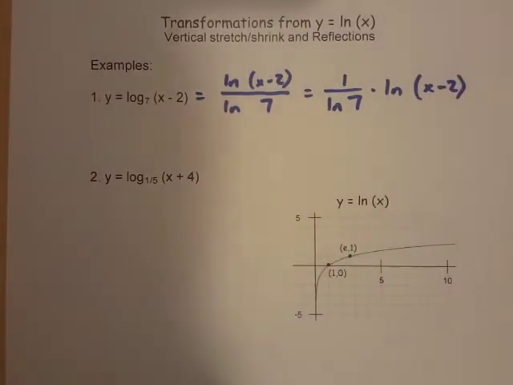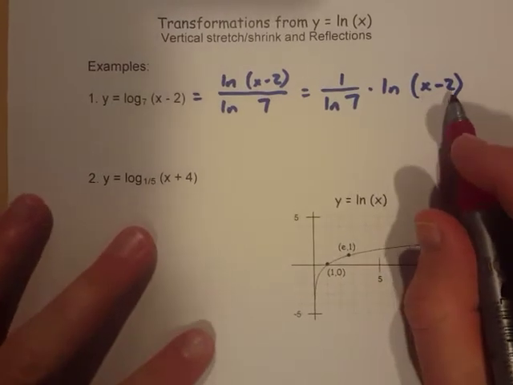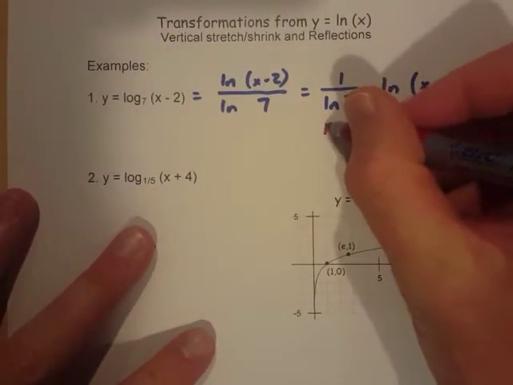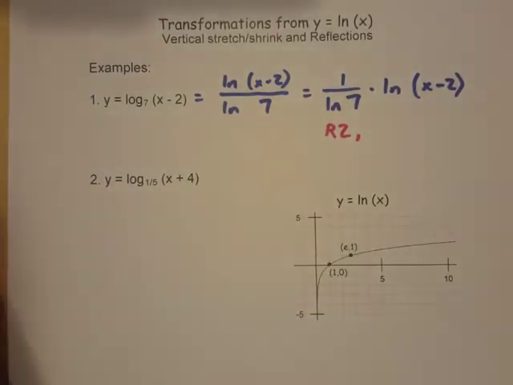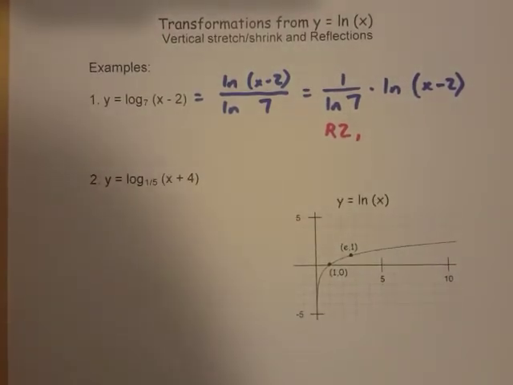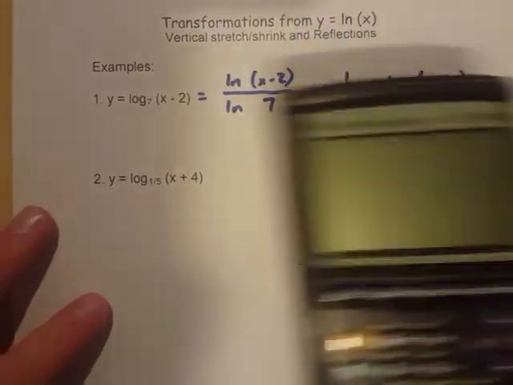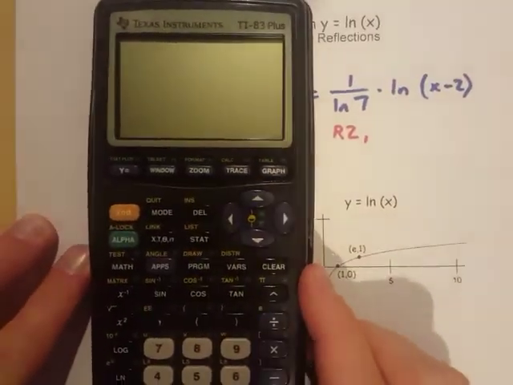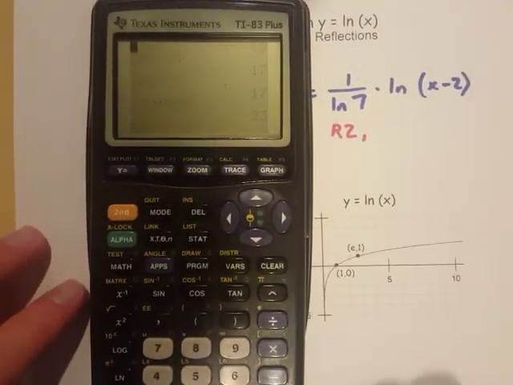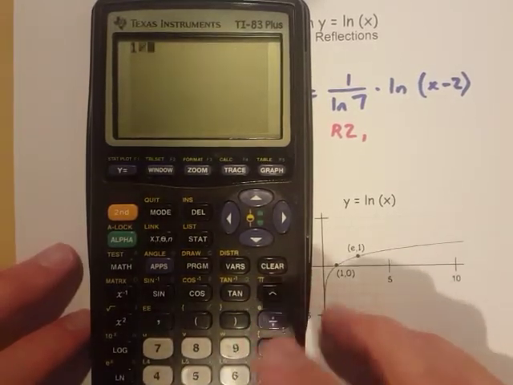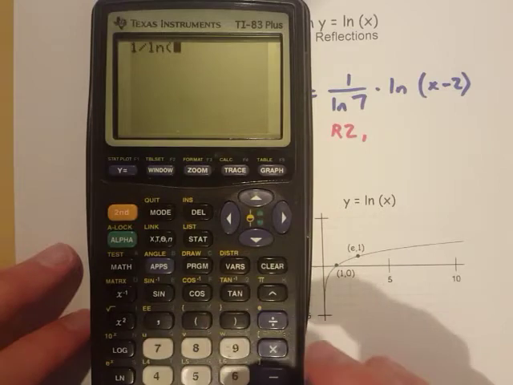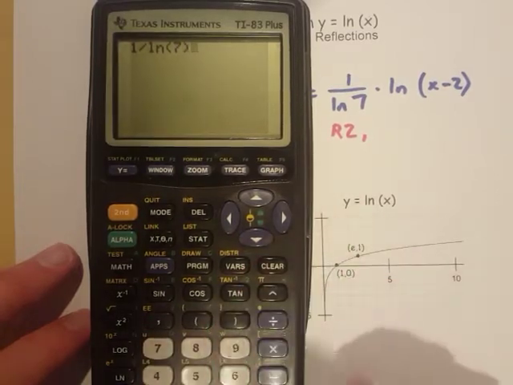We'll start with what's on the inside here, x minus 2. That means one of my transformations, the first one, is right 2. Now the second one has to do with multiplying by 1 over ln7. I don't know necessarily what that is right off the bat, so I'm just going to calculate that and just do 1 divided by ln7 just to see what that number is.